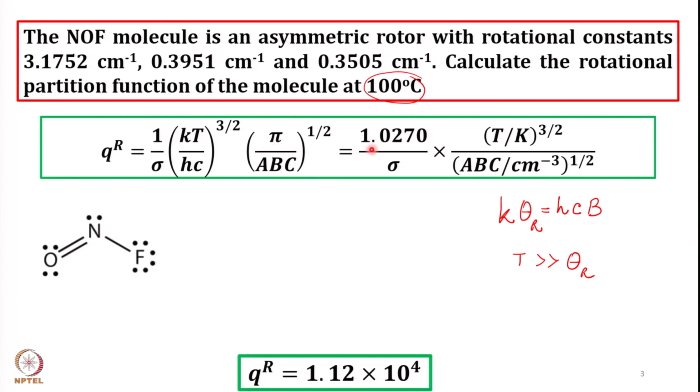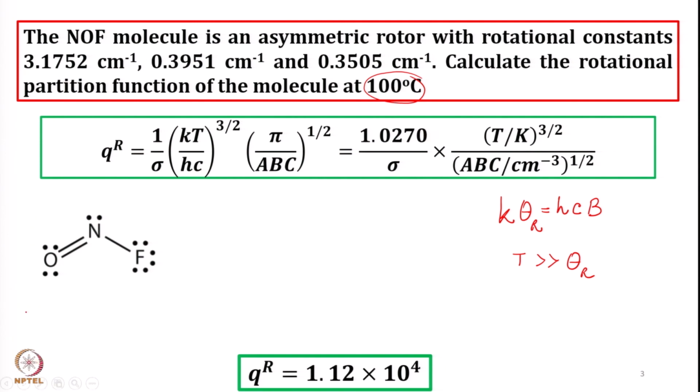It transforms into 1.0270 divided by symmetry number into temperature in Kelvin raised to the power 3/2 and put A, B, C each one in centimeter inverse. So, it becomes centimeter minus 3, it is a square root. We should know this formula, and this formula leads to another formula where you combine k, h, c, pi, these are all constants, combine them and the value is 1.0270. So therefore, we just need to now substitute the values.